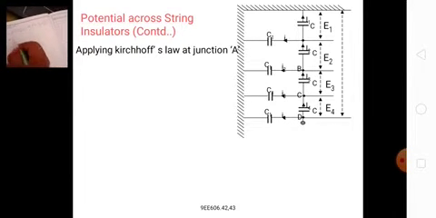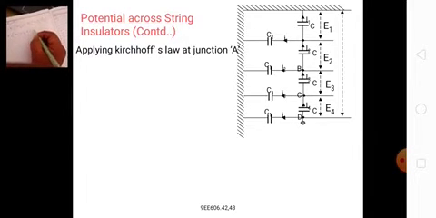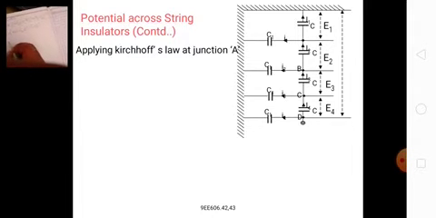So E1 is common. It is 1 plus 1 by M plus 1 plus 3 by M plus 1 by M square, that is E1 into 1 plus 1 is 2, 2 plus 1 is 3, 1 by M plus 3 by M is 4 by M, plus 1 by M square.